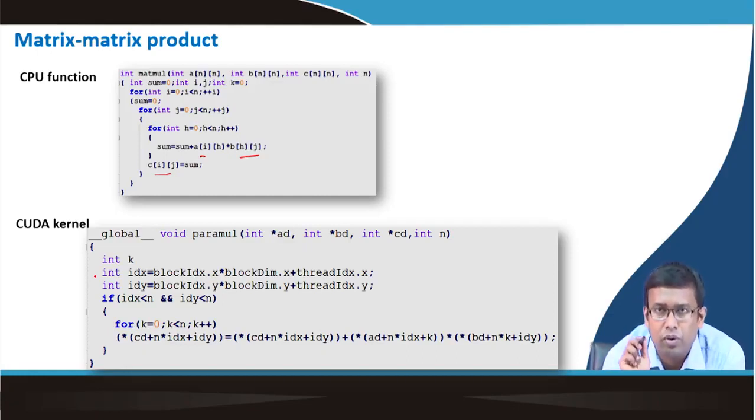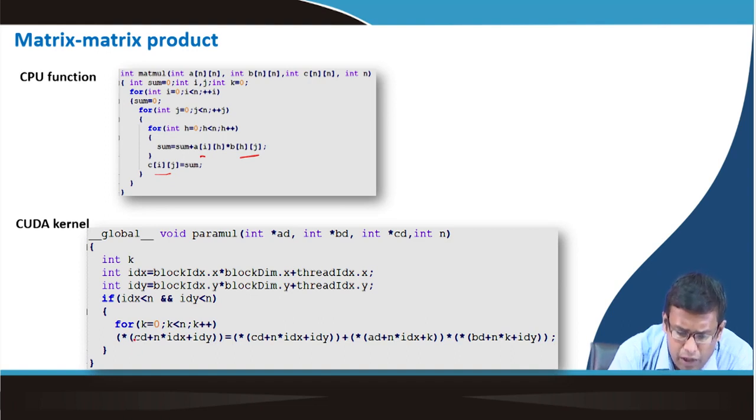So it looks into a particular row of the multiplier matrix A using the thread's x coordinate, and the thread's y coordinate looks into a particular column of the right multiplier matrix B, and the thread itself also points to i and j, the particular row and column location of the product matrix CD. These matrices CD, AD, BD are on the device because they have been copied from the host to the device.